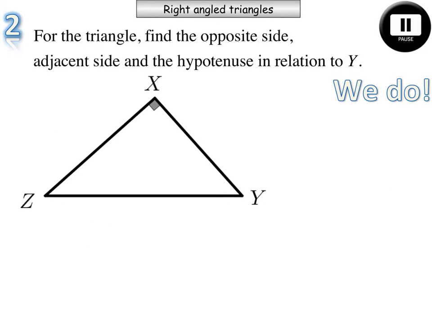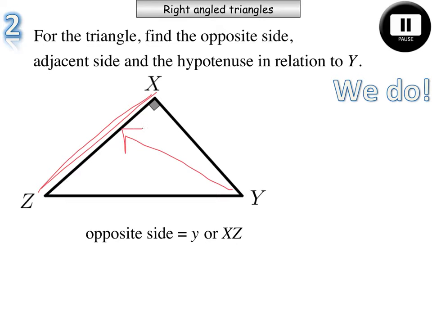Okay, pause the video and name the opposite side, the adjacent side, and the hypotenuse in this triangle in relation to y. So the opposite side is going to be that side here, and we can call it by, okay, that vertex is capital Y, so this one will be little y, or we could call it xz.